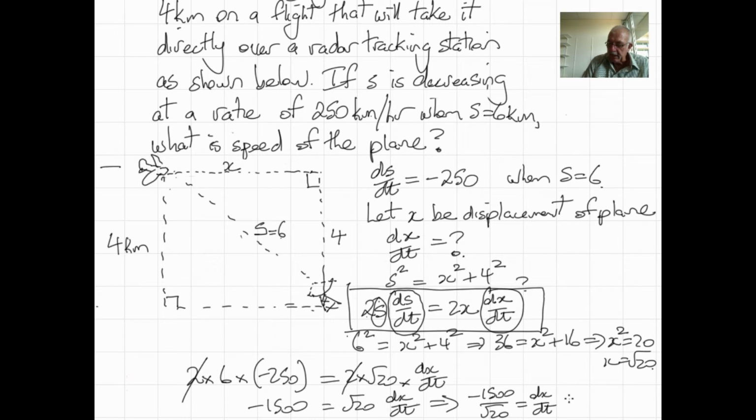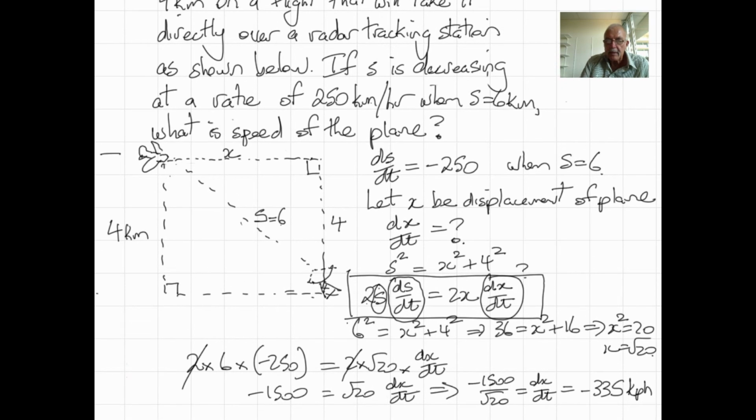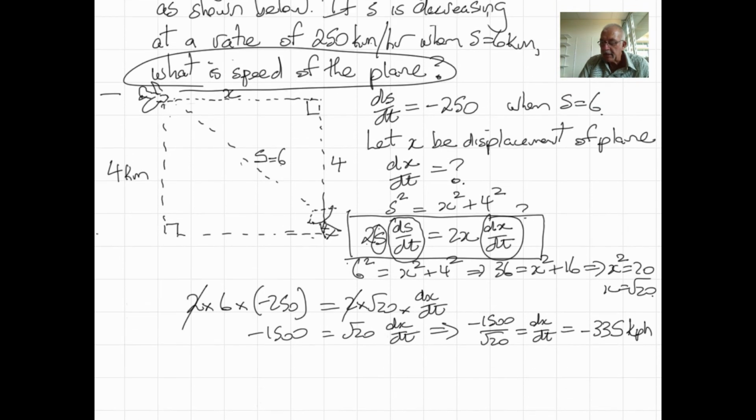And if you use your calculator there, you'll find that that is around about, I think, 335, so negative 335 kilometres per hour. Alright, so what is the speed of the plane? dx/dt is the speed of the plane, and it is negative. How can we put some meaning to that?